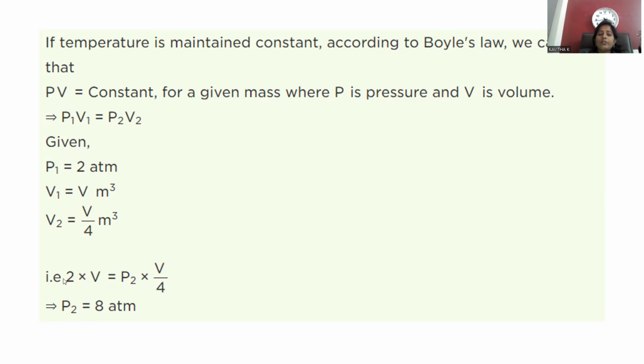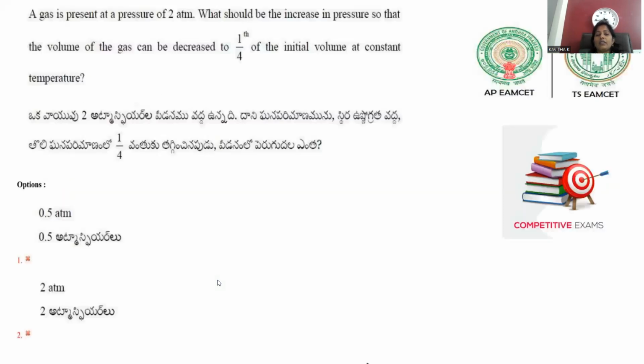If you take this 4 to the left hand side, it will become a numerator. So 2 multiplied by 4 will become 8 atmospheres. The final pressure will be 8 atmospheres. This is the way you can go for the calculation. 8 atmospheres is the correct answer.